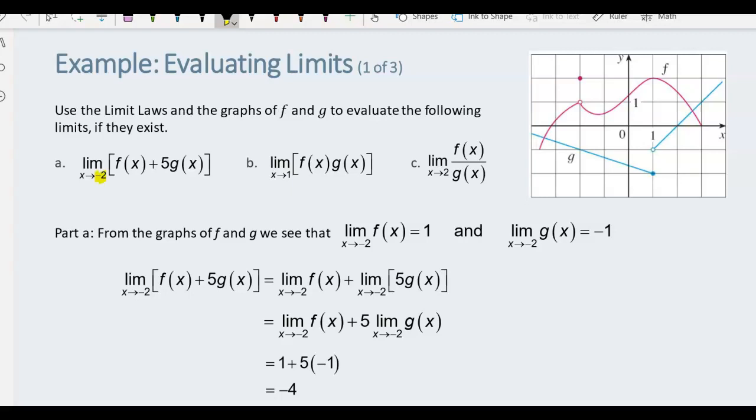The first thing I'm going to do is think about what's happening with the two individual functions, f and g, separately as they approach -2. So looking at the graph for f, if I go to where x is equal to -2, which is over here, for the function f, at -2, it's defined up here, right?